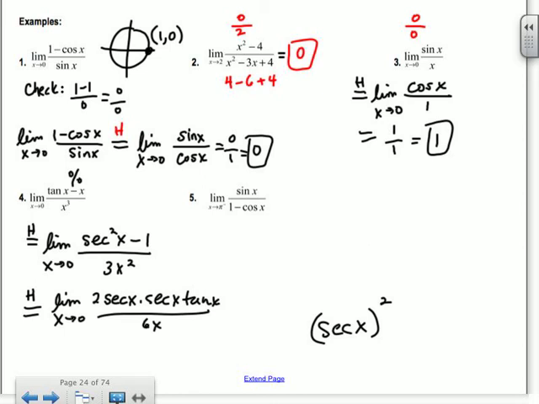Okay, think about secant x and tangent x. So secant of x as x goes to 0 is 1 over cosine. Cosine is 1, so 1 over 1. What's tangent? So this is 1, this is 1. Tangent is sine over cosine, so it's 0. So I get 0 over 0. Do it again.